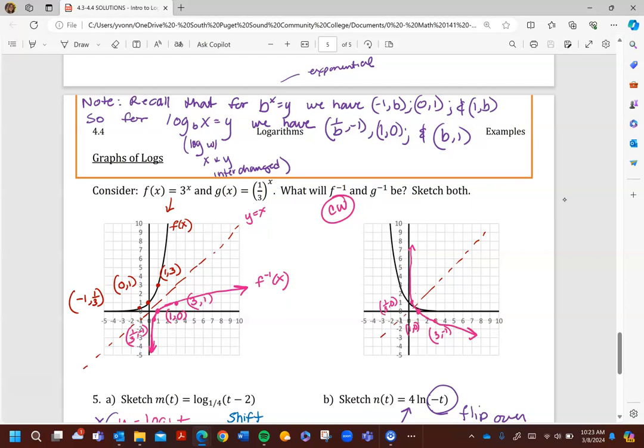So for log base b of x equals y, we would have the inverse: (1/b, -1), (1, 0), and (b, 1) for our parent function. Then we can apply the transformations that are given in each particular graph. Okay, so I'm going to go back over to the homework page.